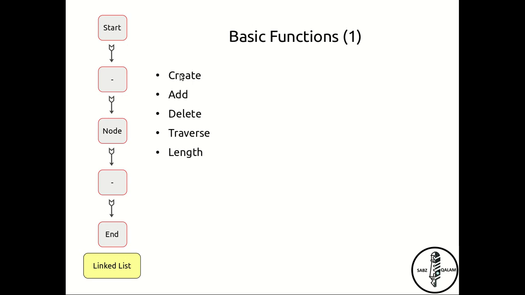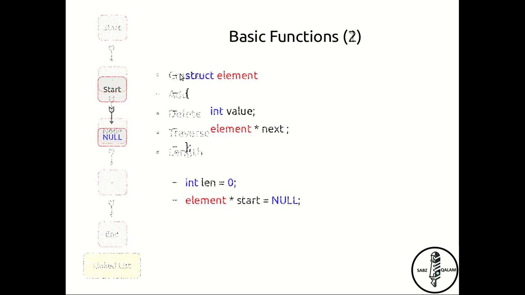We're going to start with create. So we need two global variables, specifically length and start. This actually makes the rest of the program very easy because length is needed to let us know what is the current length of the linked list, right? It's initialized to 0 because right now at the beginning there is no linked list, hence length is 0.